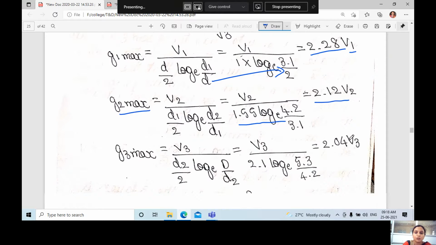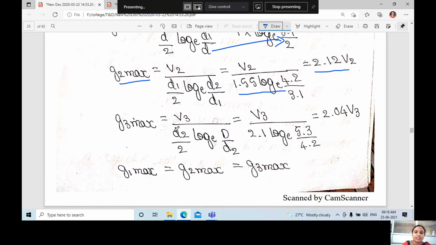Next, G3 max is equal to V3 divided by D2 by 2 log e capital D divided by D2, that is equal to V3 divided by 2.1 log e 5.3 divided by 4.2. If you solve, you will get 2.04 into V3.